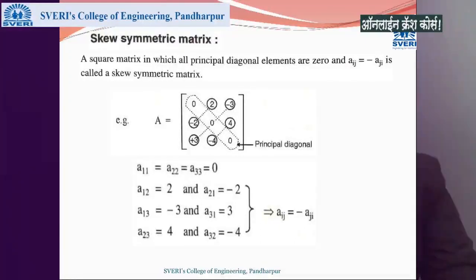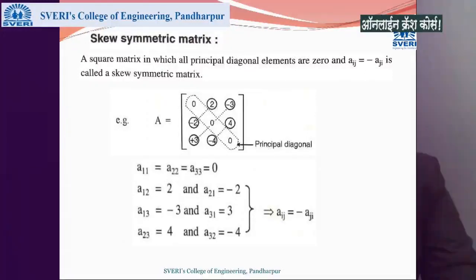According to this definition, we have the elements A11, A22 and A33 that are 0. Then A12 that is 2 and opposite of that, A21 is equal to minus 2. Similarly at the position of A13 that is minus 3 and A31 that is plus 3.